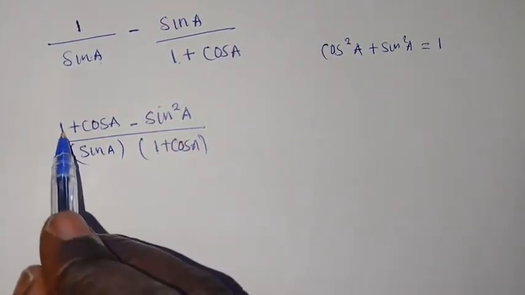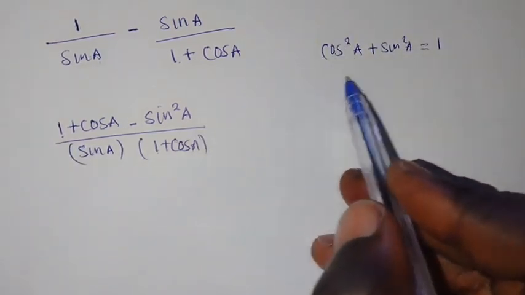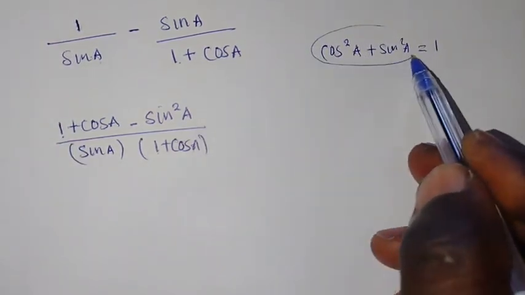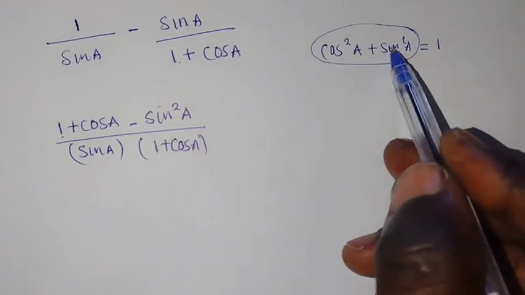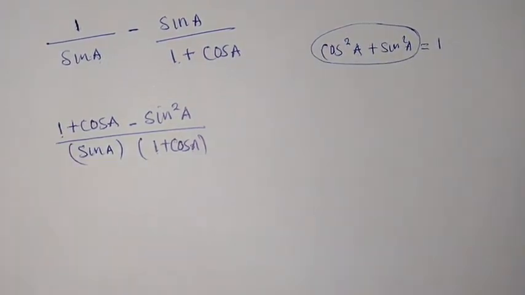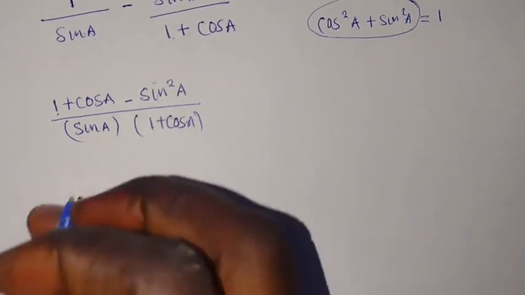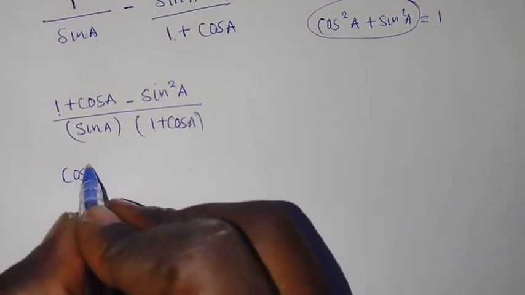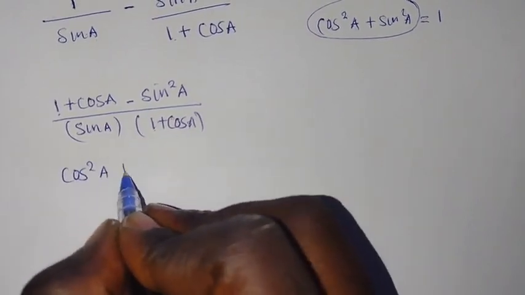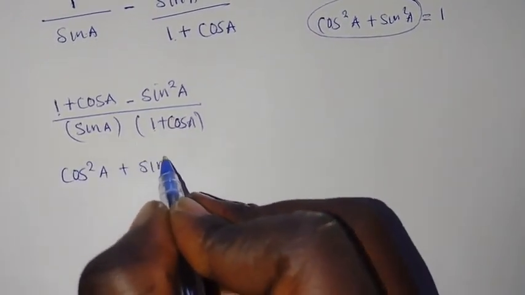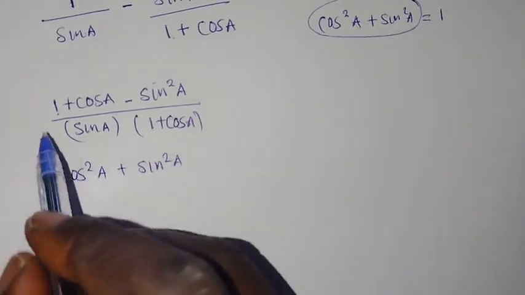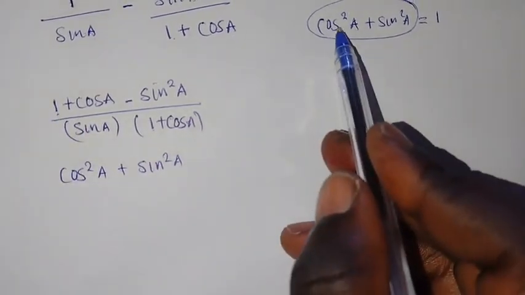So where there is this 1, we are going to put cos squared A plus sine squared A. I've substituted where there is a 1.